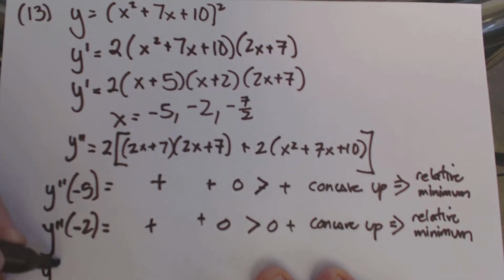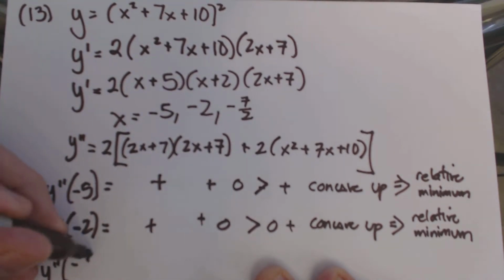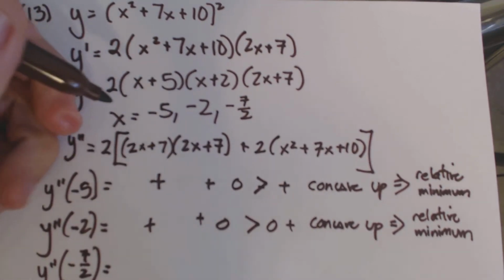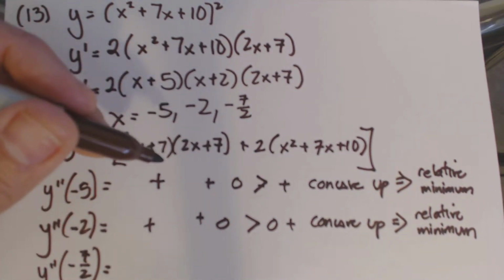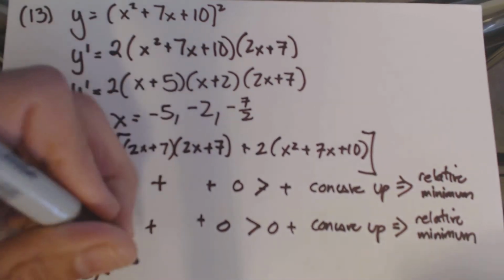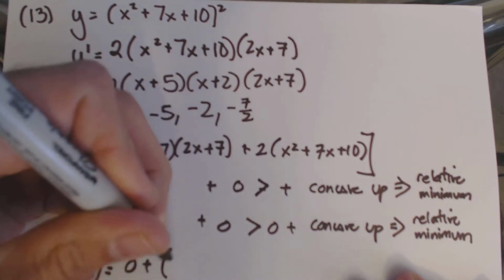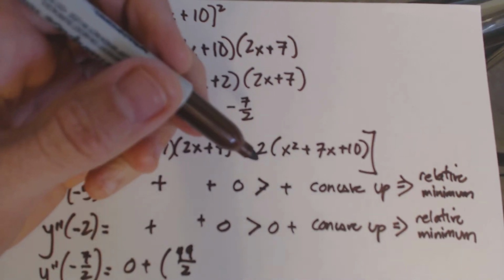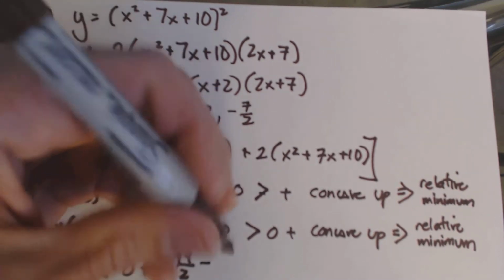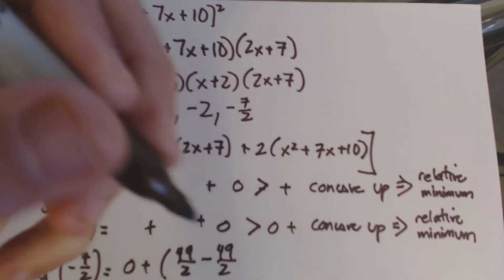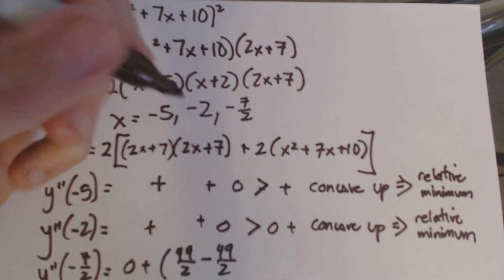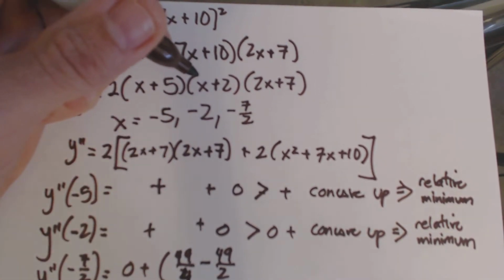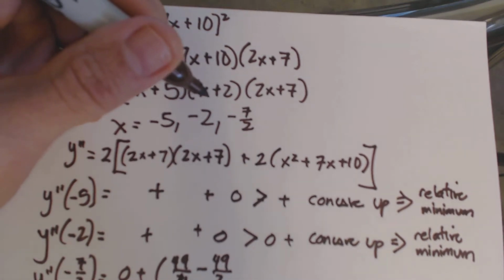And then finally, evaluating the function at negative 7 halves. Well, we know that's going to be a 0 for these expressions, so this is going to be 0, plus negative 7 halves squared, which is going to be 49 fourths, plus negative 7 halves times 7, which is negative 49 halves, plus 10.